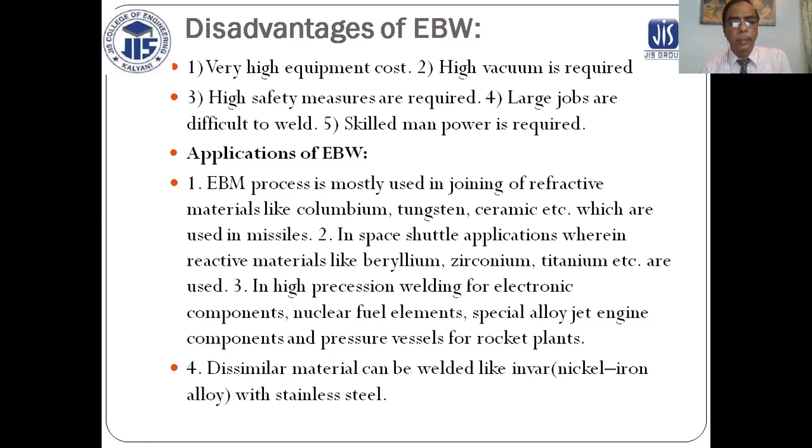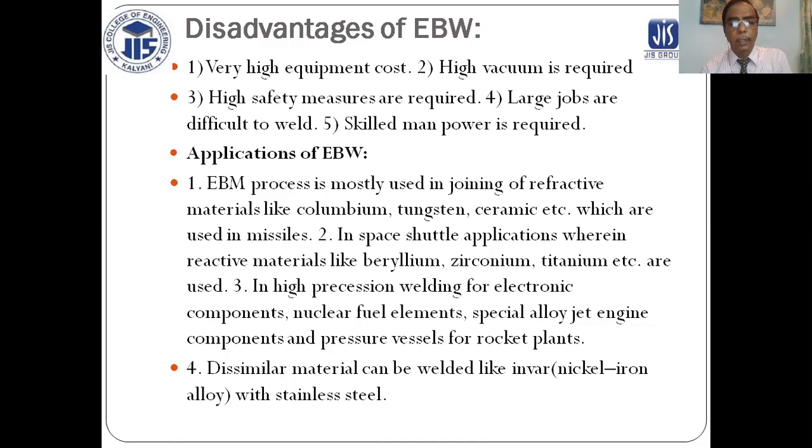The electron beam welding process is mostly used in joining refractory materials like aluminum, tungsten, ceramics, etc., which are used in missiles and space shuttle applications, wherein reactive materials like beryllium, zirconium, titanium, etc. are used.